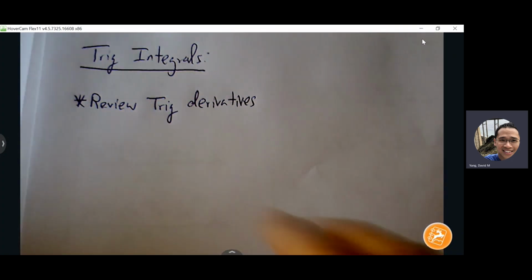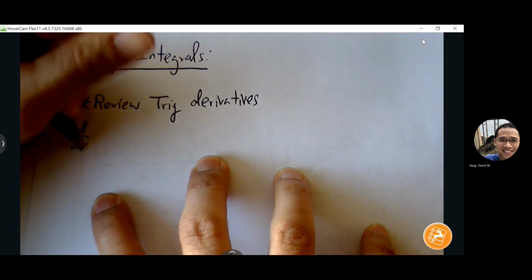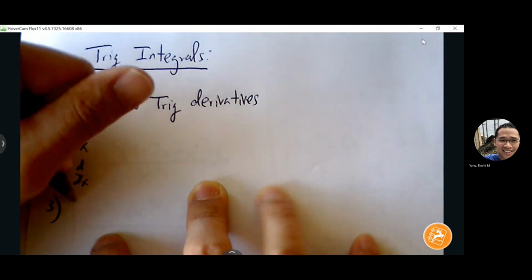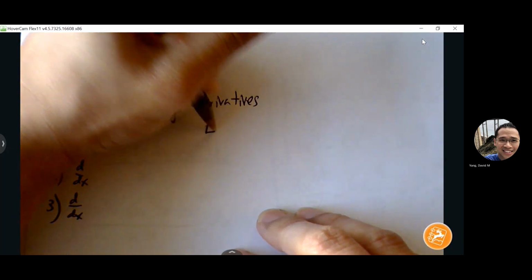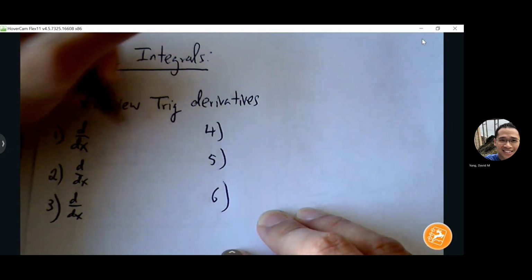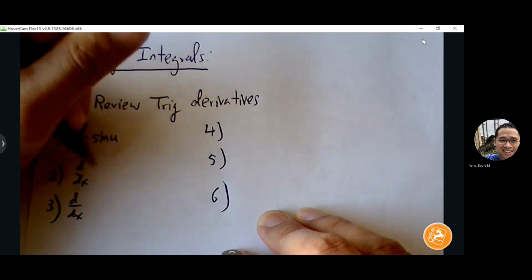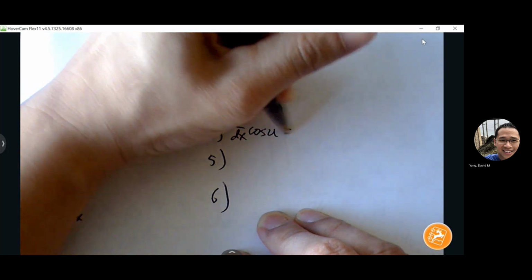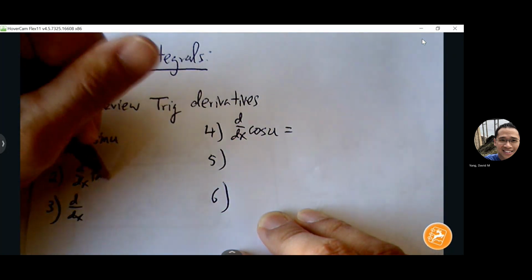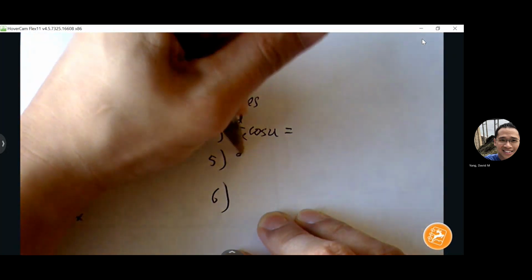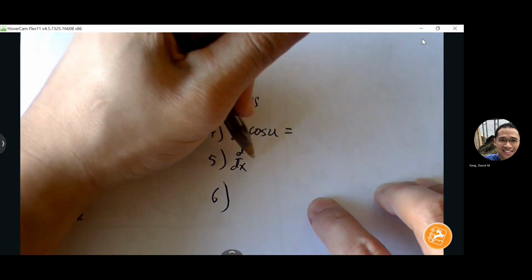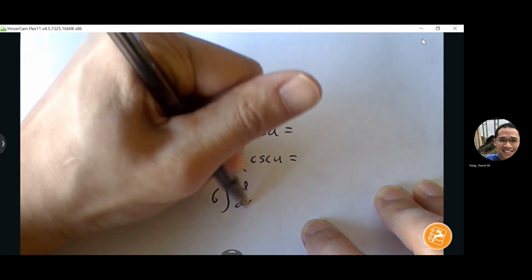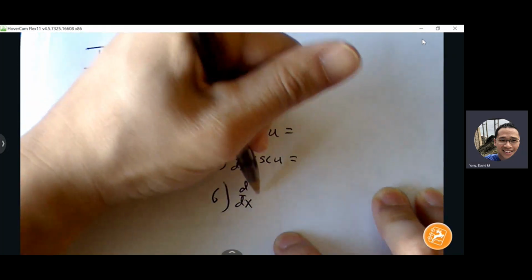So let's just write those down, okay? Oh, sorry, that's cotangent.